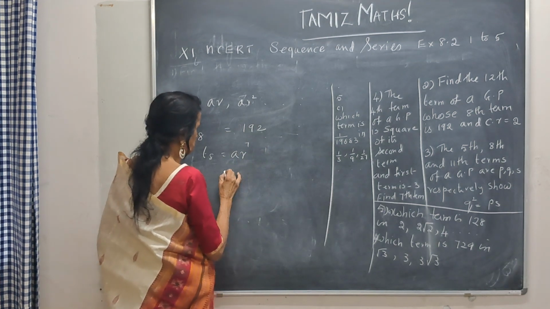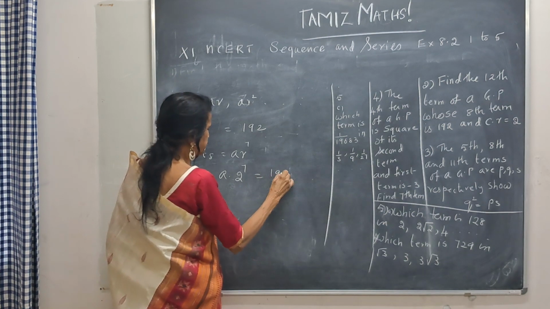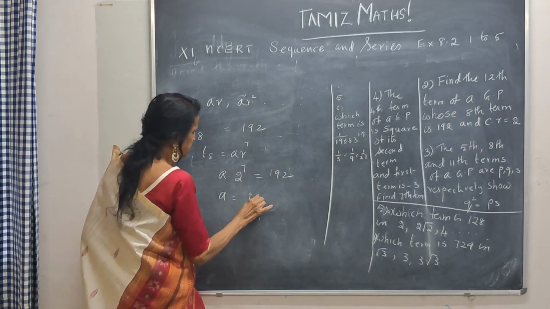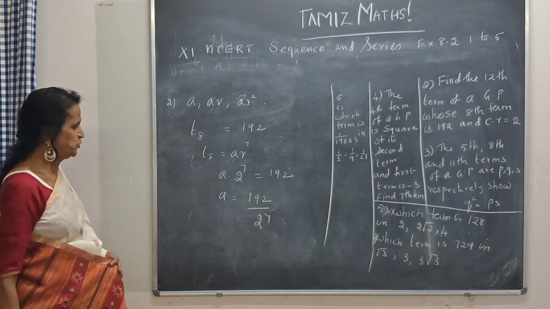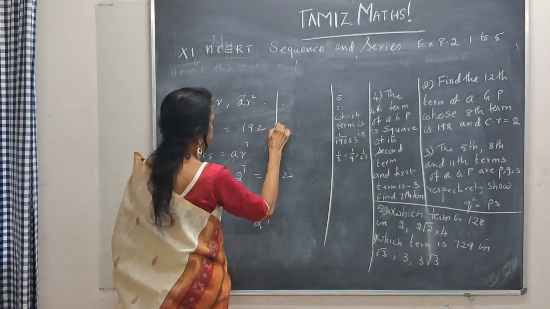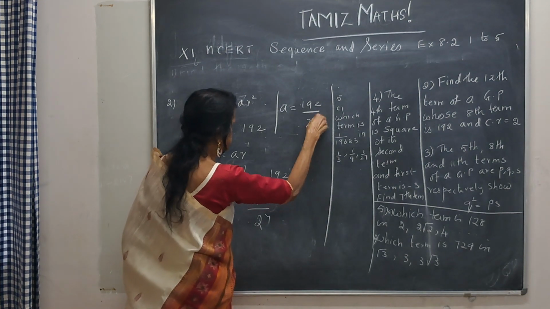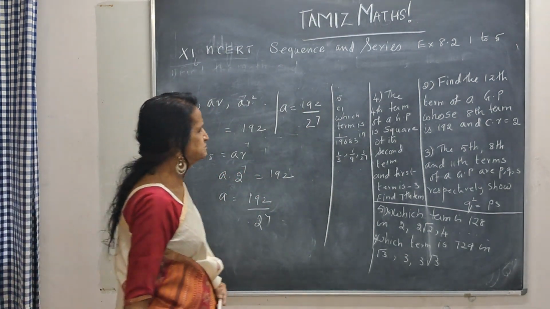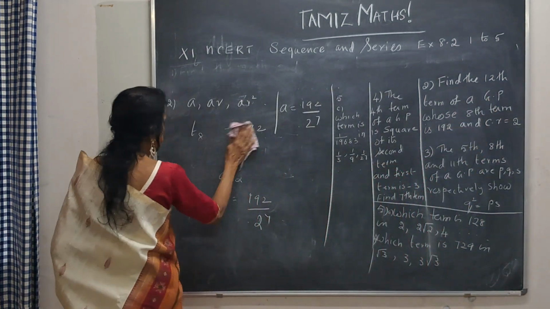So a into 2 power 7 is 192. So a is equal to 192 by 2 power 7. This is a. Now he is asking you the 12th term.